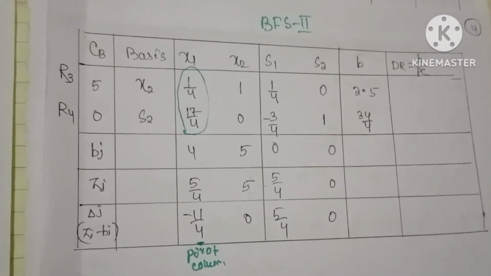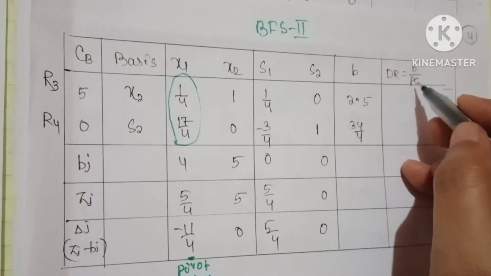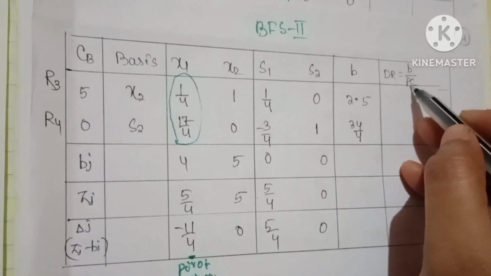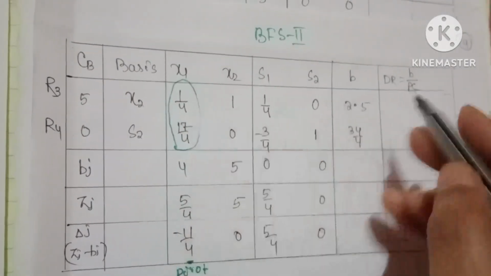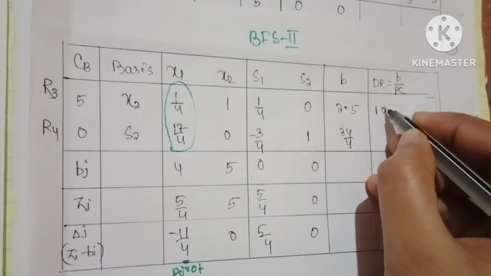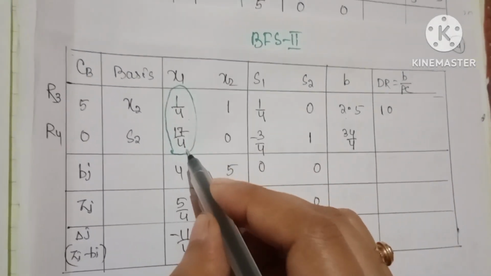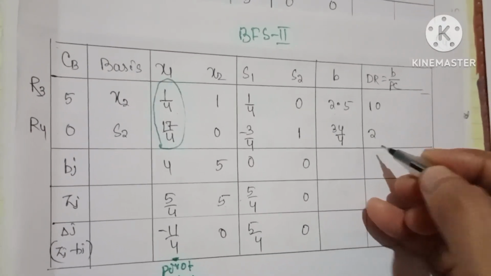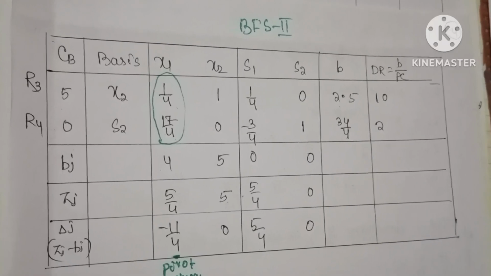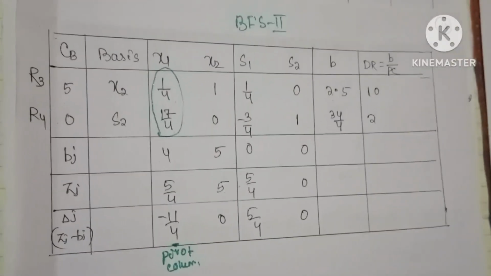Next we'll calculate the replacement ratio. The formula is constant column divided by pivot column. So this is 2.5 divided by 1 by 4, which equals 10. Then next is 34 by 4 divided by 17 by 4, which equals 2. Now we have to find which one is the smallest positive number, which decides the pivot row.